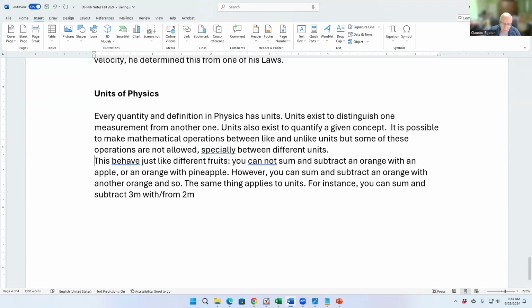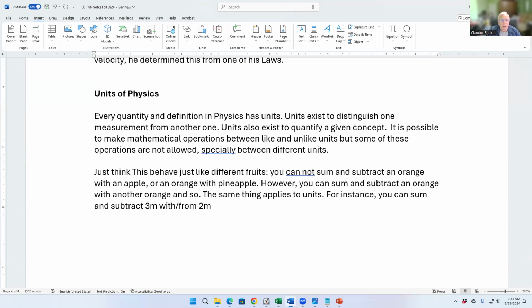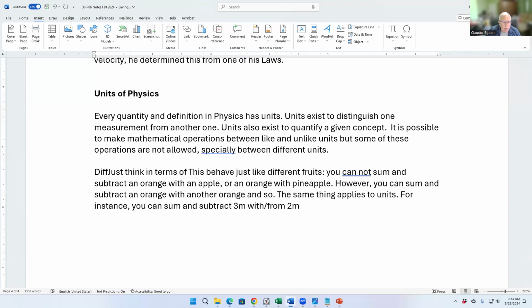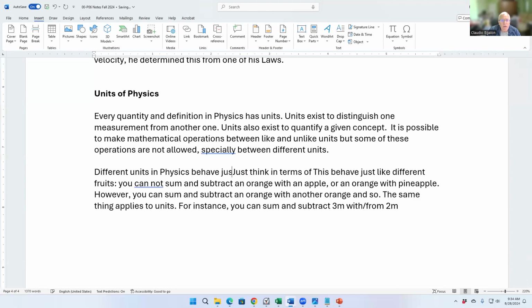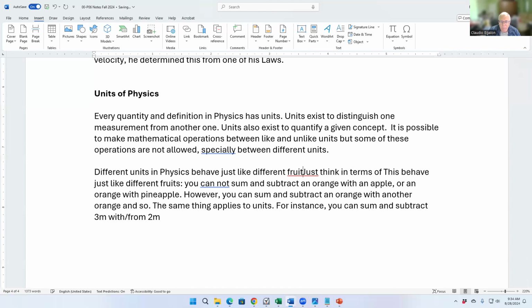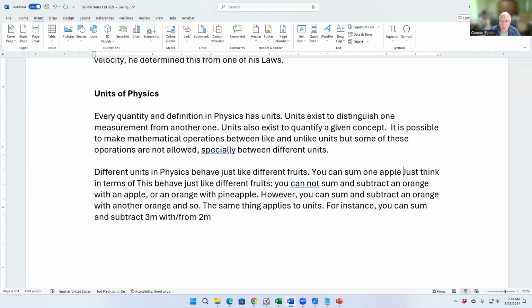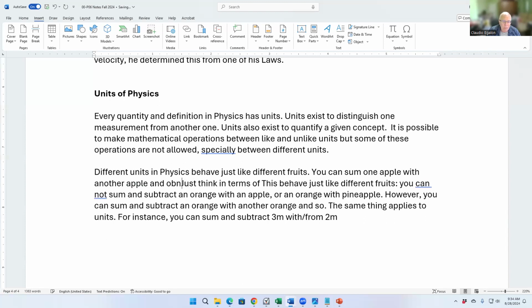Think of different units in physics as behaving just like different fruits. You can sum one apple with another apple and obtain two apples.